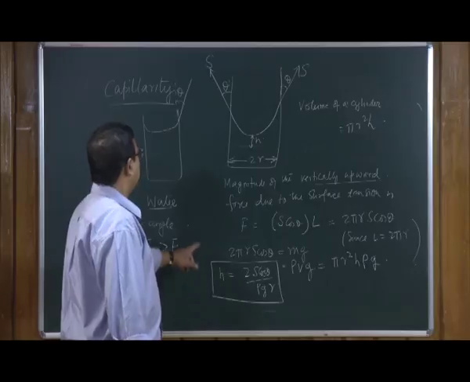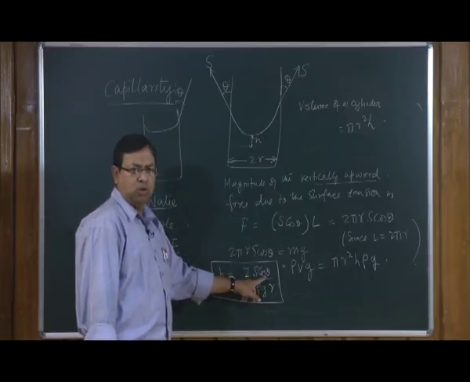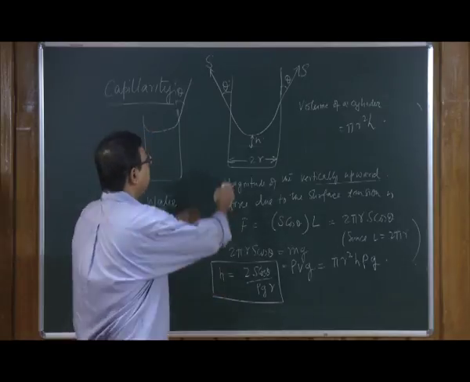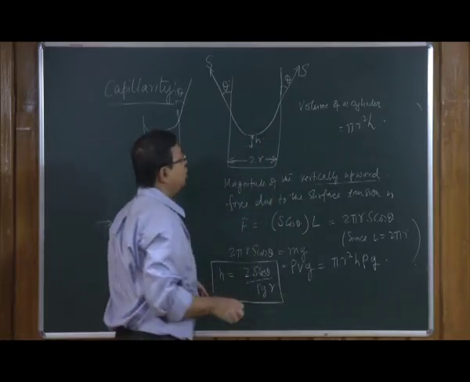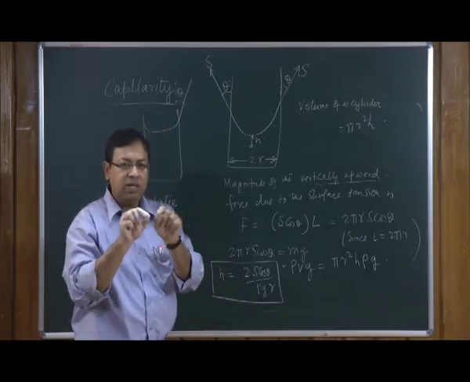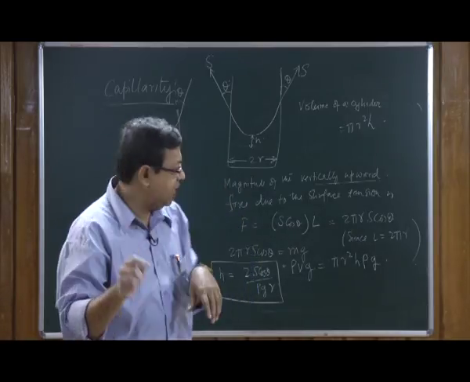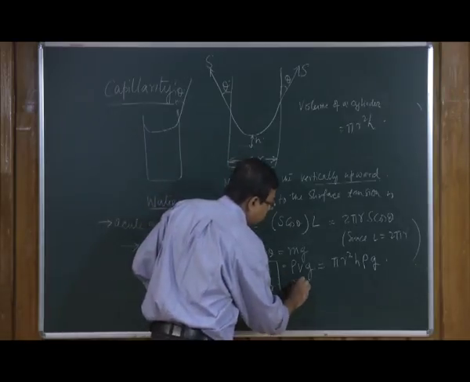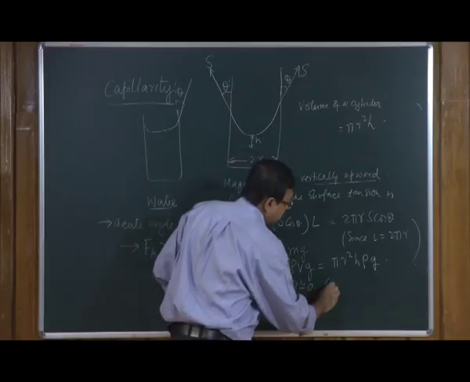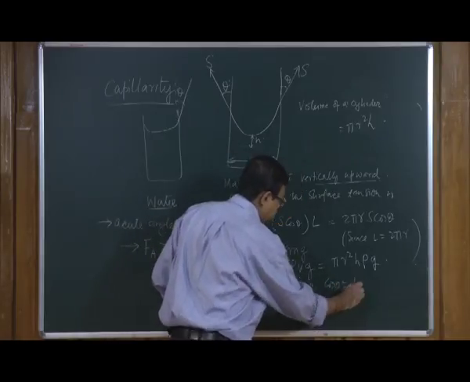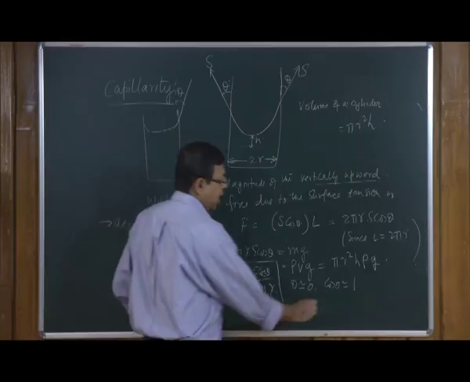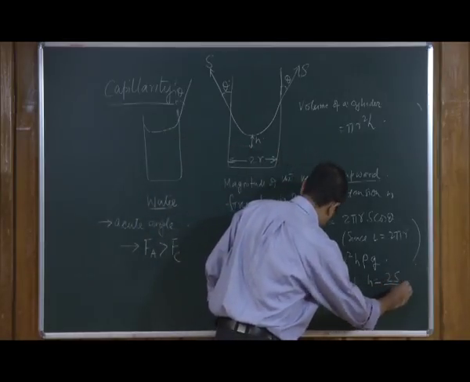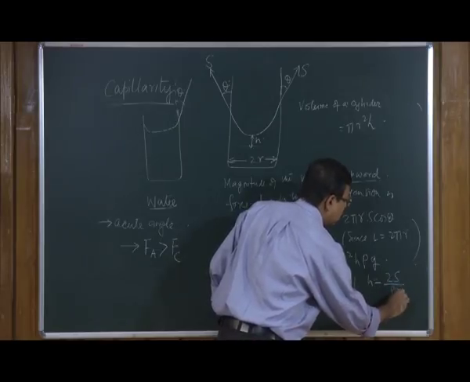Here for water, theta is almost equal to 0. We have definitely enlarged the picture; actually, the angle is very small, close to 0. So, if theta is close to 0, cos theta becomes 1, and I have a simple expression h equal to 2 s by rho g r.